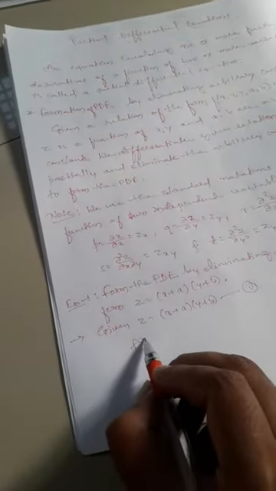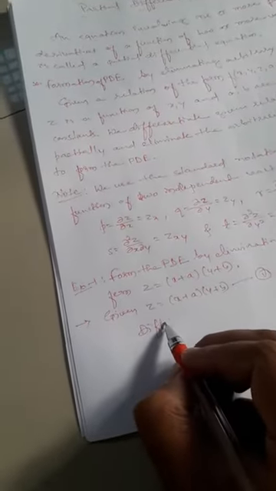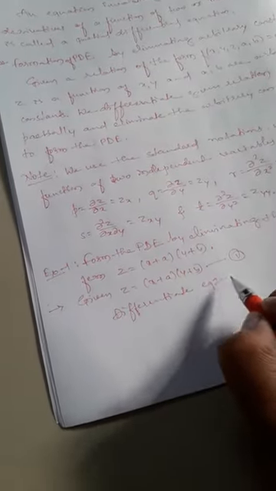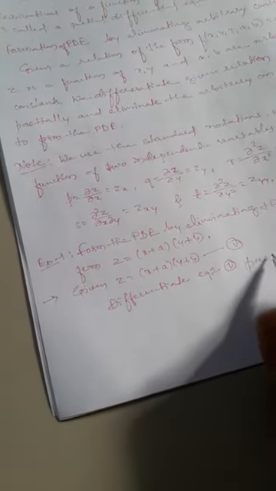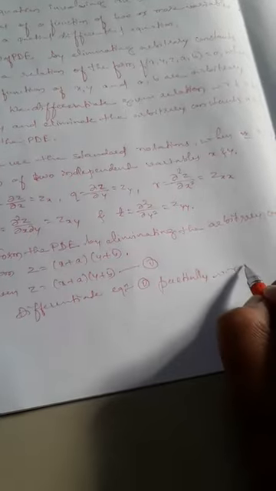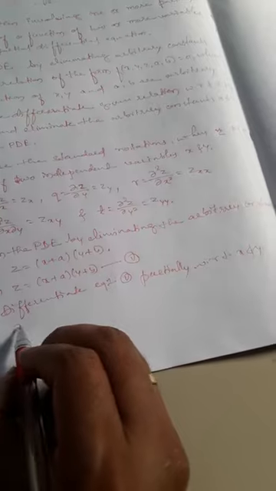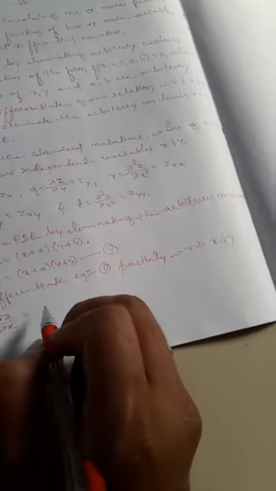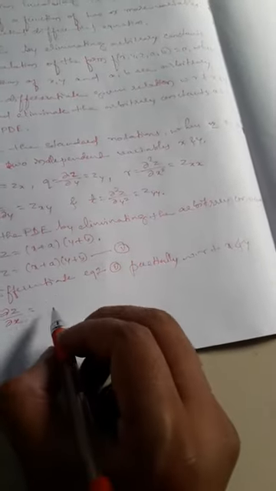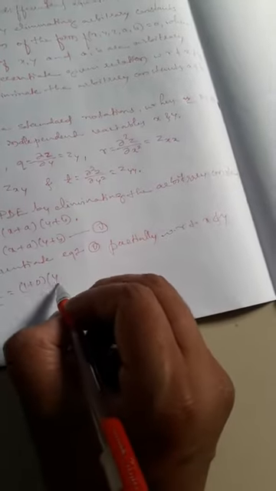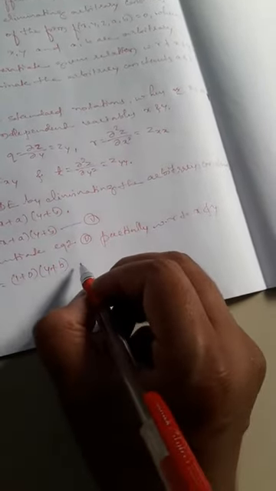Differentiate equation number 1 partially with respect to x and y. We get dou z by dou x equal to, since we are differentiating partially with respect to x, keeping the other terms constant, 1 into y plus b, where a is constant and its derivative is 0.